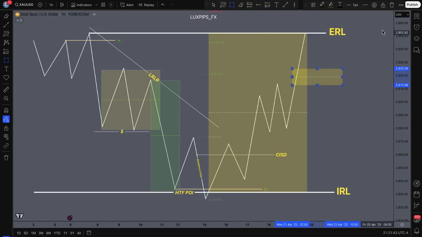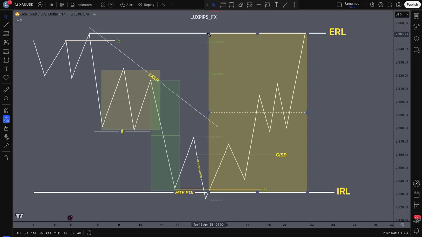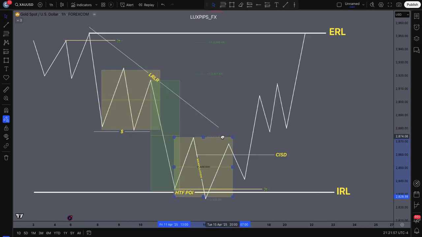But I do want to go back on what I said earlier a couple seconds ago. I don't really see this area right here. Let me highlight it with this. I don't really see this as an accumulation. I see this more as a structure.